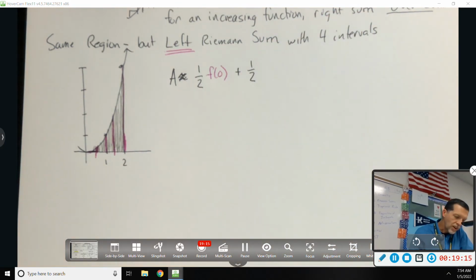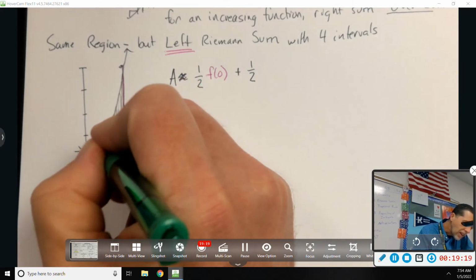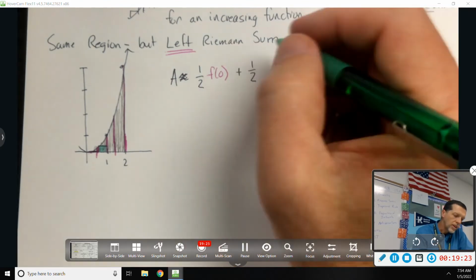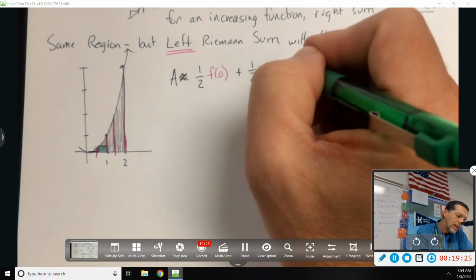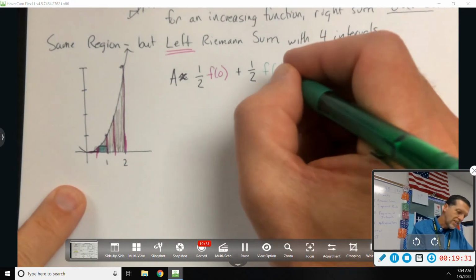So the next rectangle, coming from the left, be that green one, width of 1/2, height at f of 1/2.